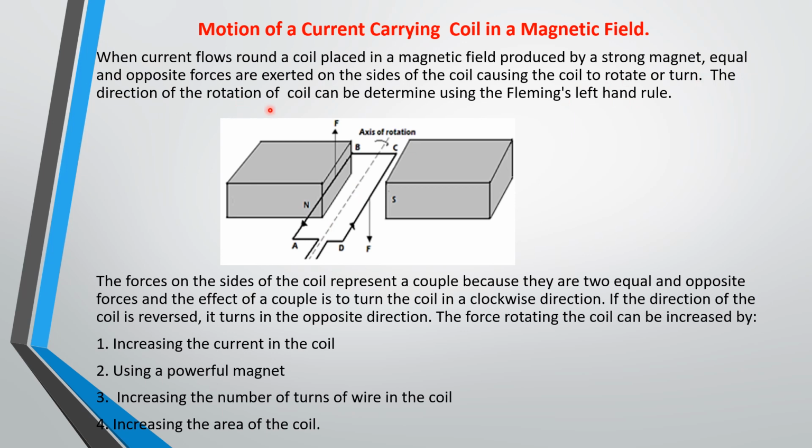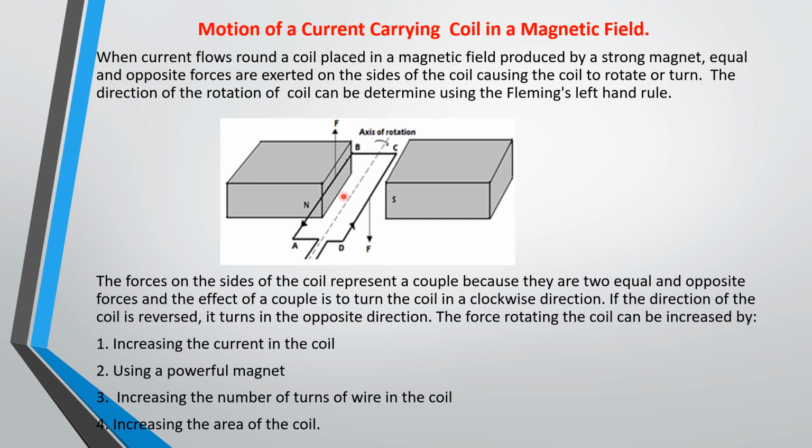The direction of the rotation of the coil can be determined using Fleming's left-hand rule. Remember that in Fleming's left-hand rule, the direction of motion is the thumb. Is that okay?